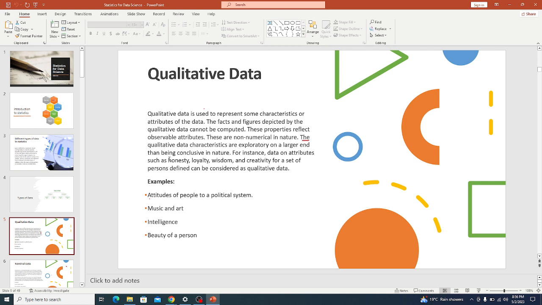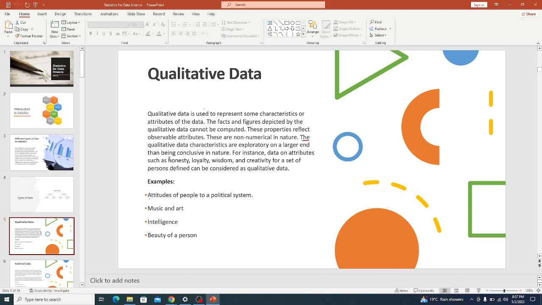So the qualitative data characteristics are more exploratory than conclusive in nature. They majorly explain something, they are more explanatory rather than conclusive. You can't come up with a tangible conclusion because you can't do the analysis.